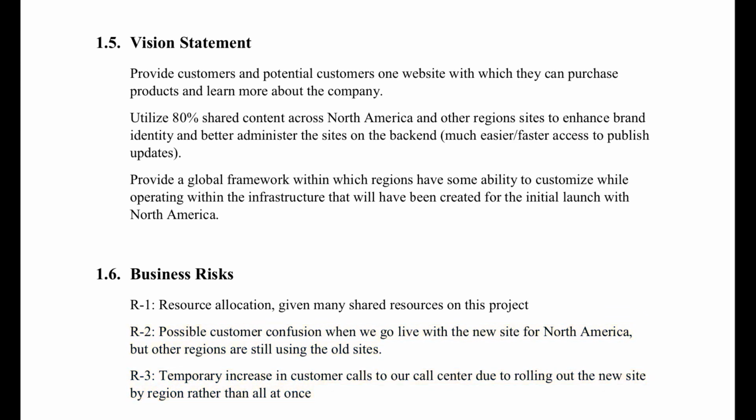So by mitigating 2, we may also be able to mitigate 3. But that's really what business risks is about. You want to identify what they are so that everybody understands them and so that you can come up with a plan to try to mitigate those risks.